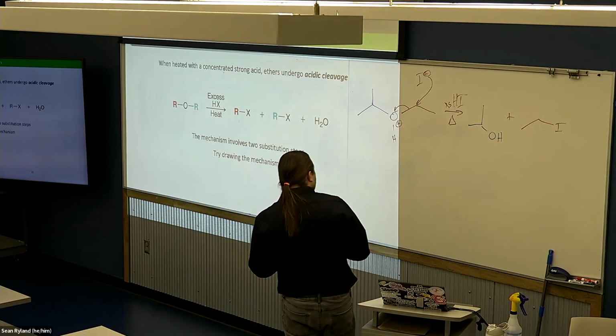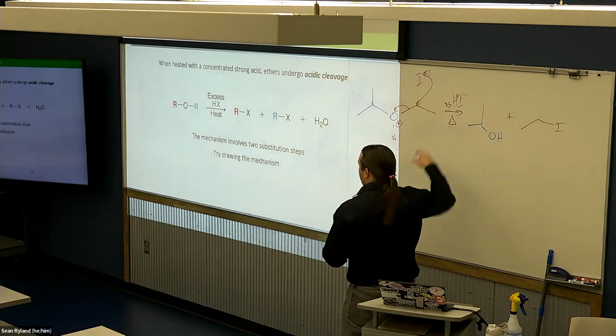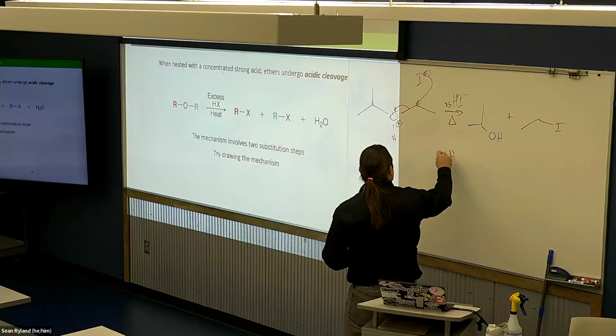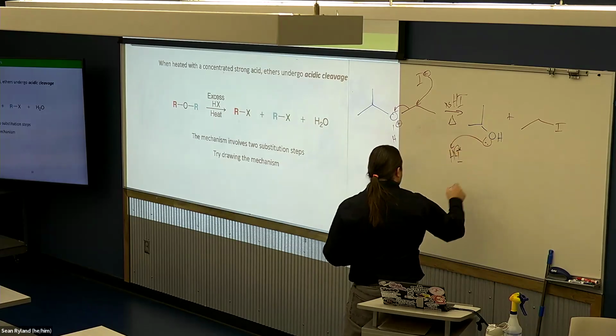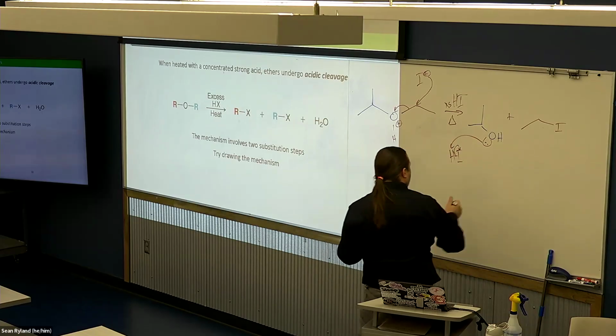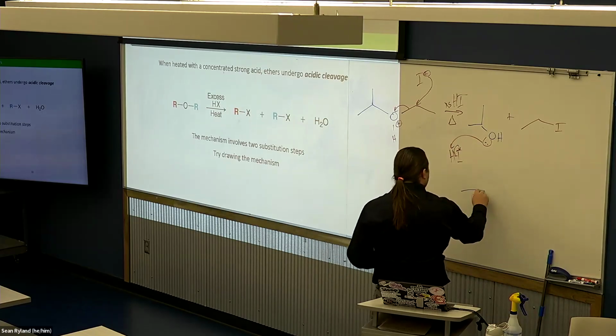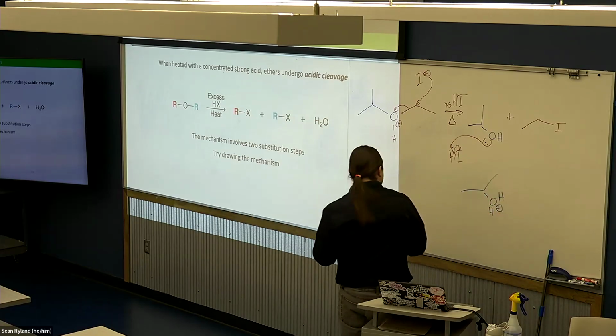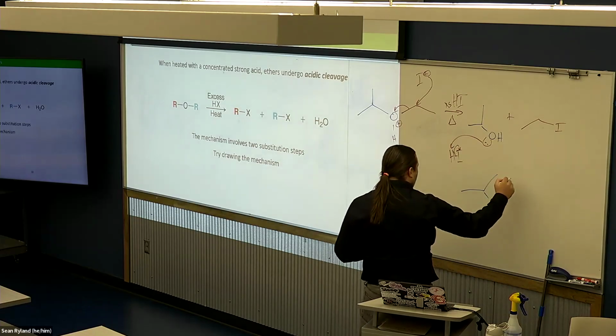Because then the next step is, if we still have more HI around, it does that again. We can still do a proton transfer step and protonate. So then now we have an even better leaving group, and we still have iodide around.